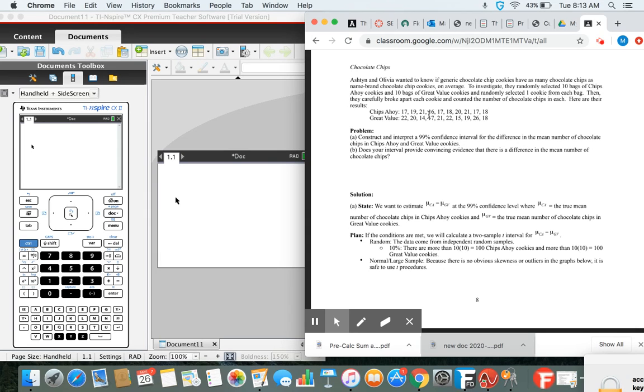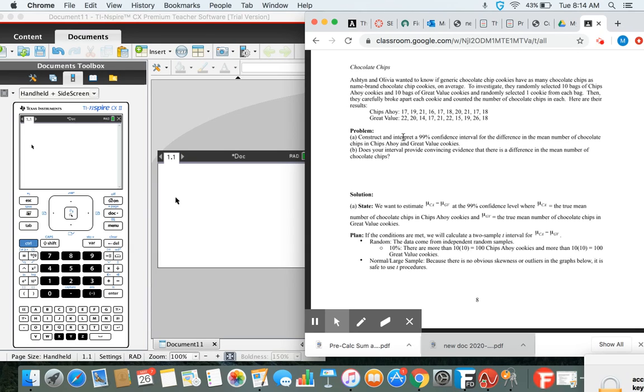Then you did the same thing with a generic brand, Great Value. You counted the number of chocolate chips in those cookies. And you randomly selected 10 bags of each. You randomly selected one cookie, counted it, right? So you've got that whole element of randomness there. This way you can't say, oh, the bag that you picked just happened to have a lot of chocolate chips in it.